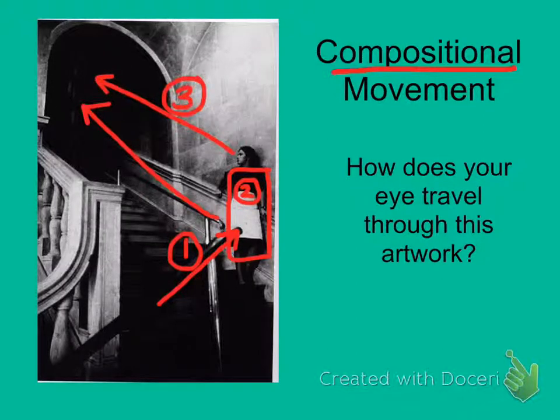Then our eye travels up the stairs, drawn up there by the large dark area and the lady gazing in that same direction. Because there's nothing to see at the top of the stairs, our eyes go back down to the woman as the primary focal point in the composition.